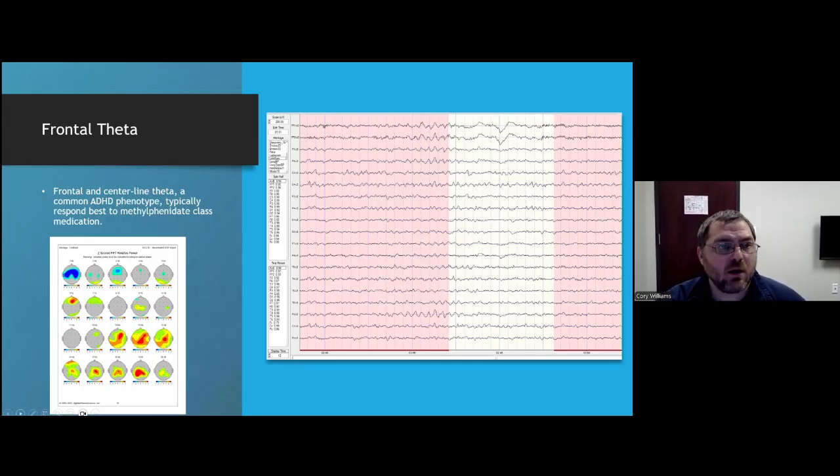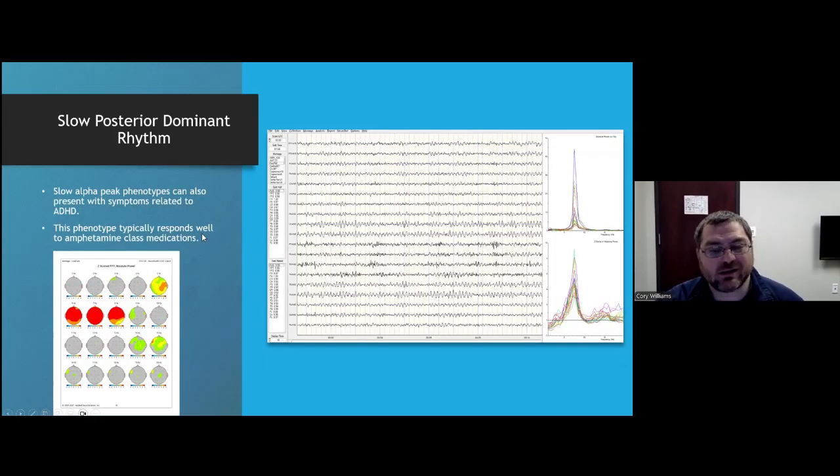Okay. The other class of medication that we use is sometimes referred to as the amphetamine class. So we have methylphenidate class stimulants, we have amphetamine class stimulants. The mechanism of action for those two is a little bit different. The amphetamine class tend to work more on the posterior dominant rhythm through norepinephrine.